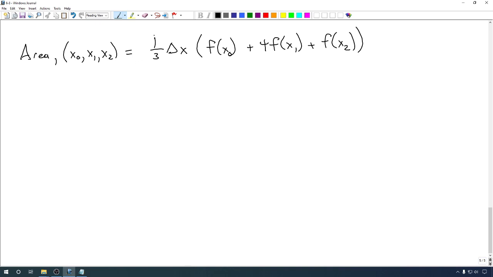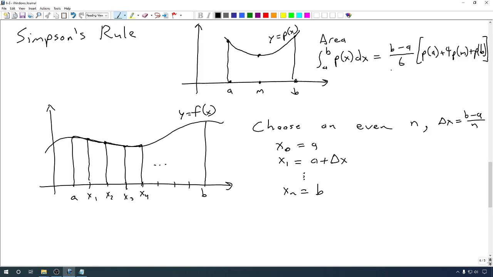Notice here that we have a 1/3 instead of the 1/6 that we had back here, because remember, this is from A to x2. That's not just a width of delta x. That's a width of 2 delta x. And so really, this b minus a on top is going to be 2 delta x.